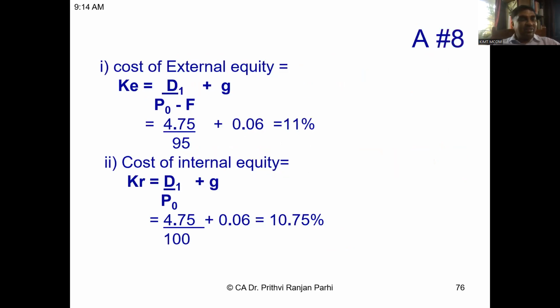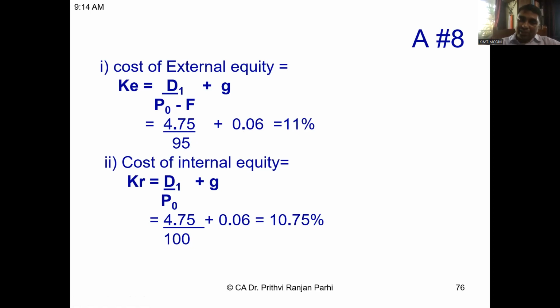Look at the solution here, which we had discussed in the previous class. When we are computing KE, or cost of equity, it is D1 by P0 minus F. The flotation cost, the discount, is reduced here. So 4.75 divided by 95, plus 0.06 which is the growth rate, comes to 11%.